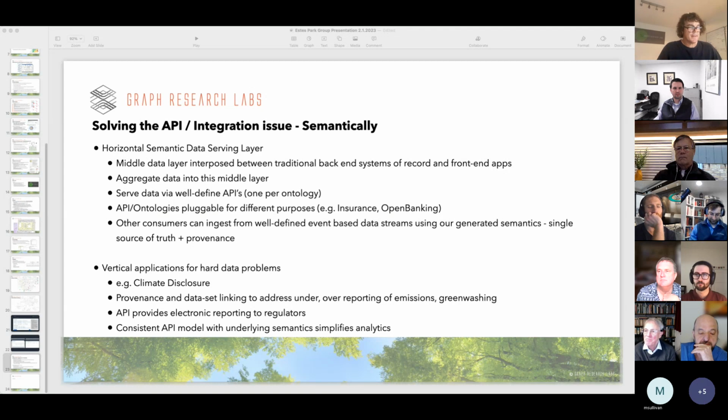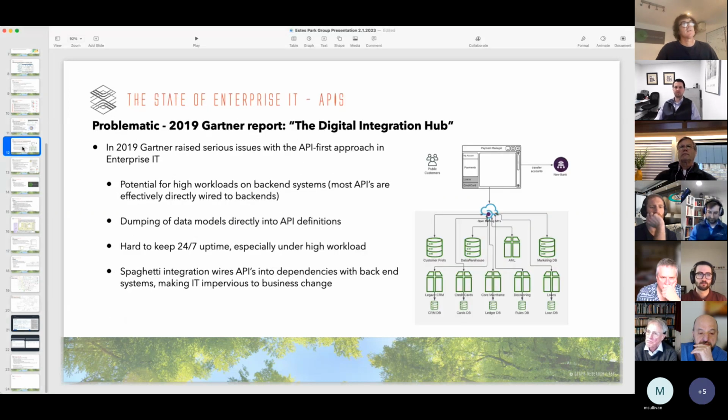Yes, the reason that we generate APIs is they're the primary construct for interacting with the platform, and the reason for that goes back to these issues in this report. As I said, I've been an architect for a long time now, and lived through the journey from SOA into REST.